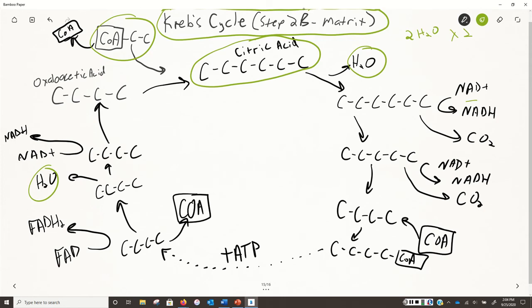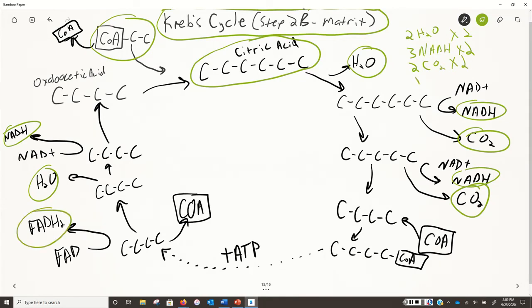We produced 3 NADHs. But again, times 2. We produced 2 carbon dioxide waste products times 2.